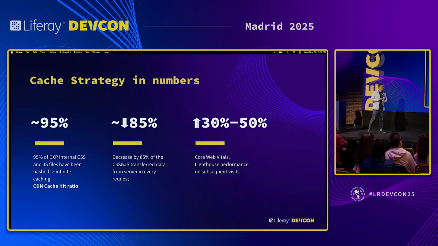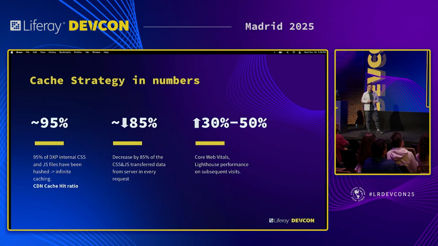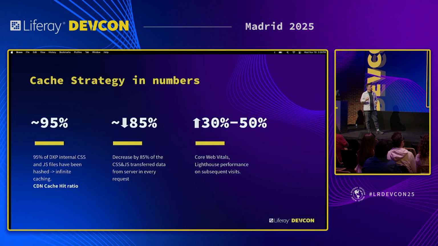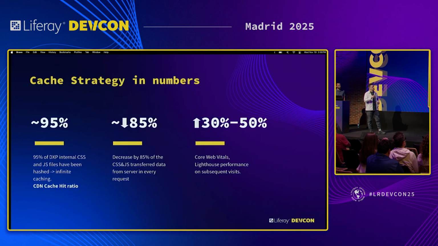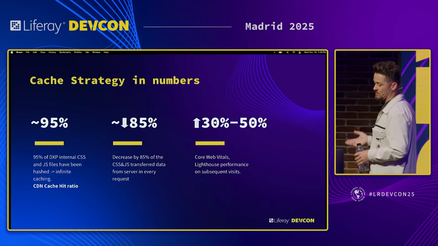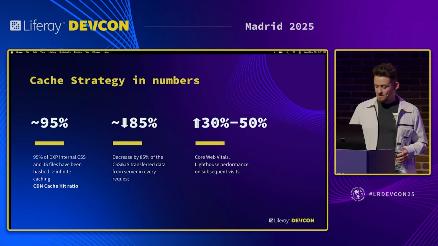And as you have seen in the Core Web Vitals, the improvement is quite big. We can run the Core Web Vitals using the cache version because we know now that we are pointing to the latest version of the file, so we are not seeing all experiences.